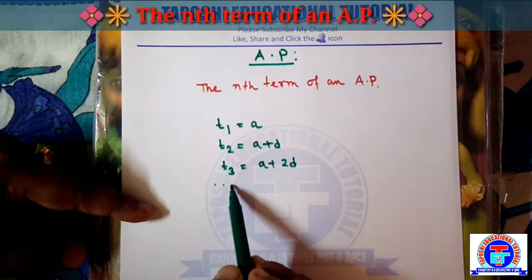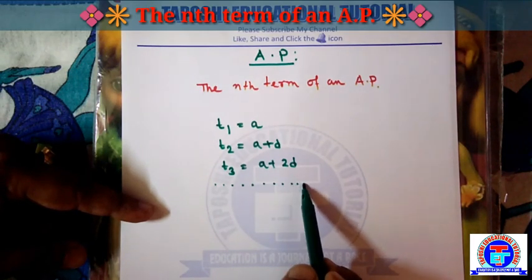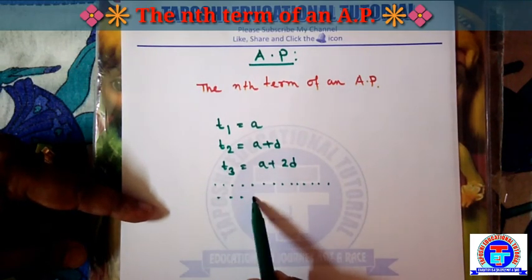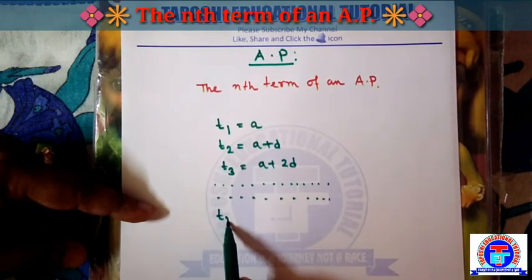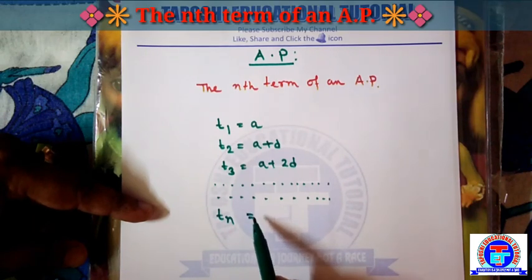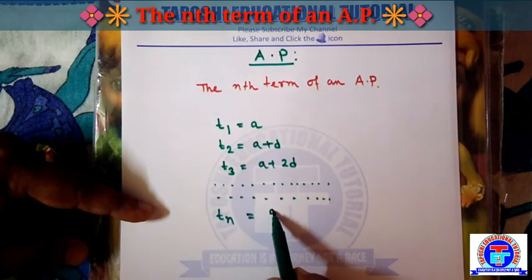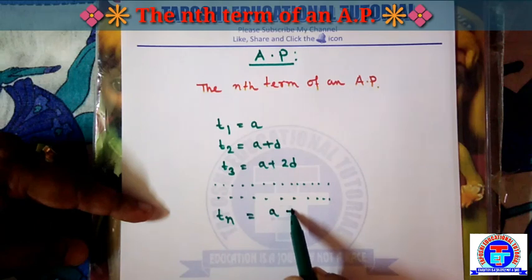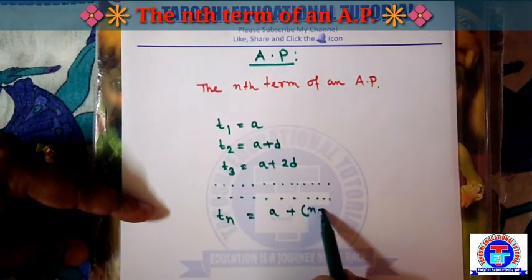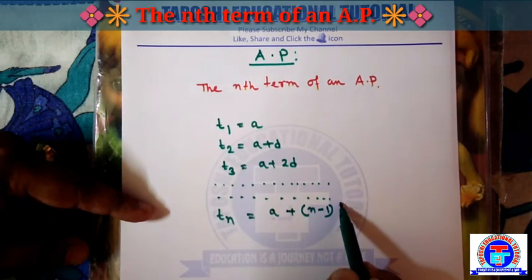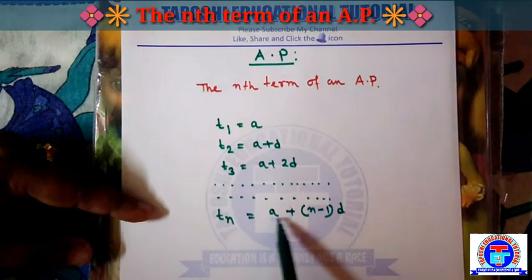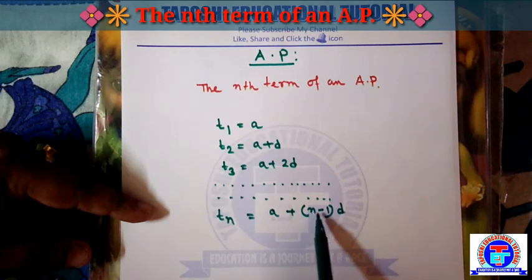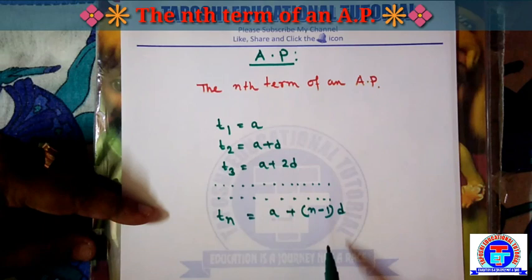In this manner, this will continue up to Tn is equal to A plus (n minus 1) D. That means A plus (n minus 1) in bracket multiplied with D.